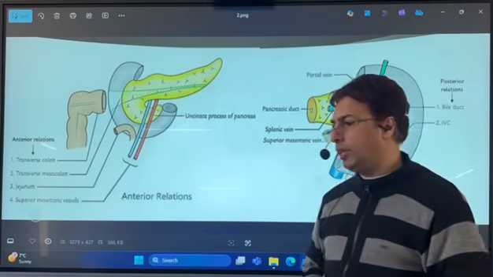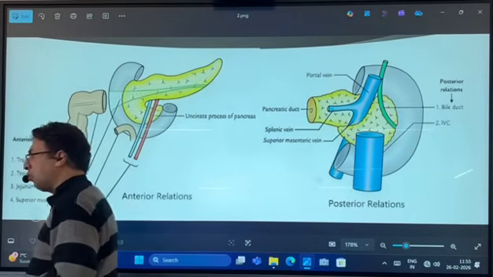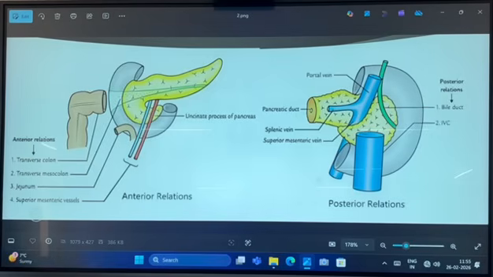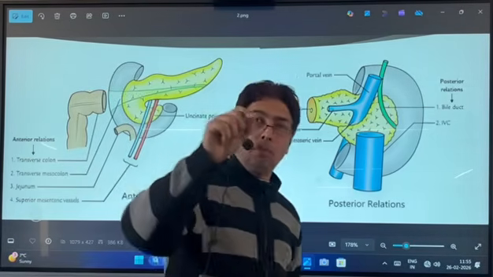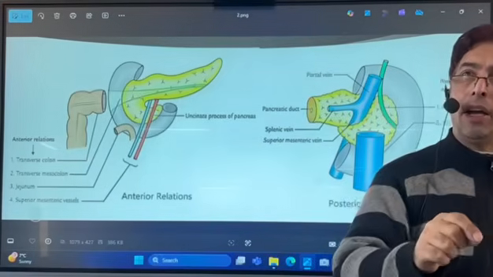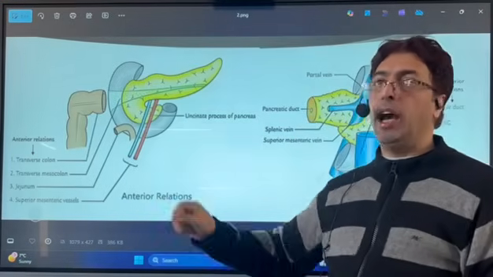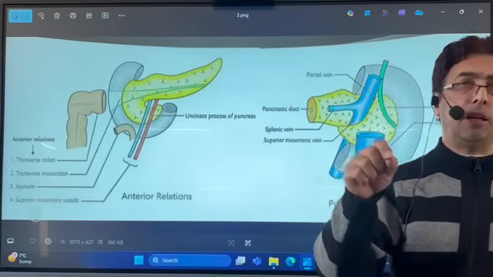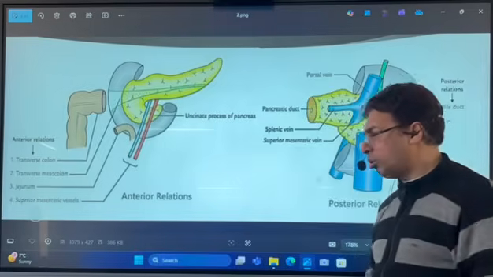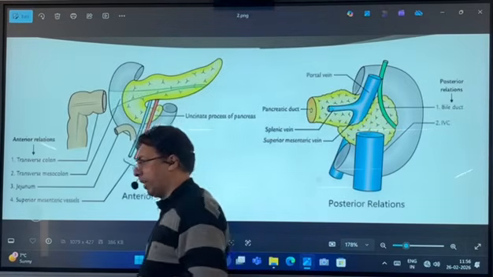So this is the importance of knowing the relations of the pancreas: the C of the duodenum, the body, the annular pancreas, the pseudo-inflammatory aneurysms, and the tail of the pancreas as far as the splenic family is concerned. So that is another aspect.